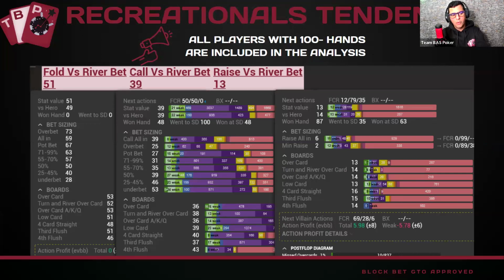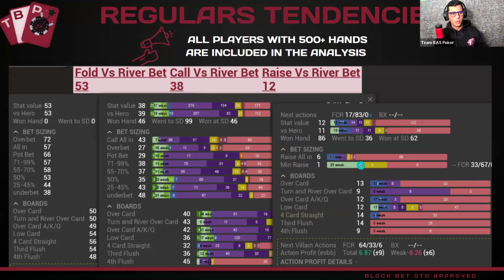Of course, an all-in isn't always a big bet. So the all-in can sometimes be 50%, 66%, or 75%, depending on the pot. So the all-in isn't necessarily a big bet, and that's why the overbet is generating more folds.